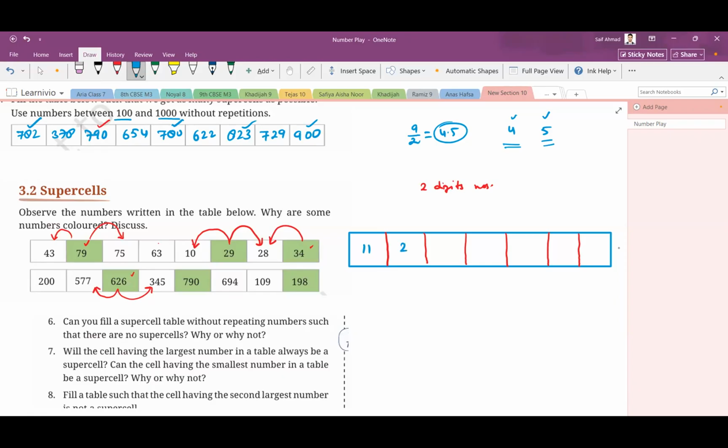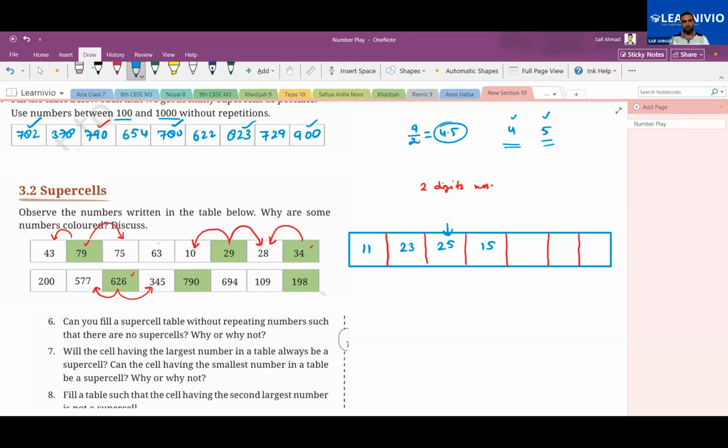23. Then 25. Then 15. If you write 15, then it will be larger, so it will make a supercell here. Understood? Yes. So it is not possible.